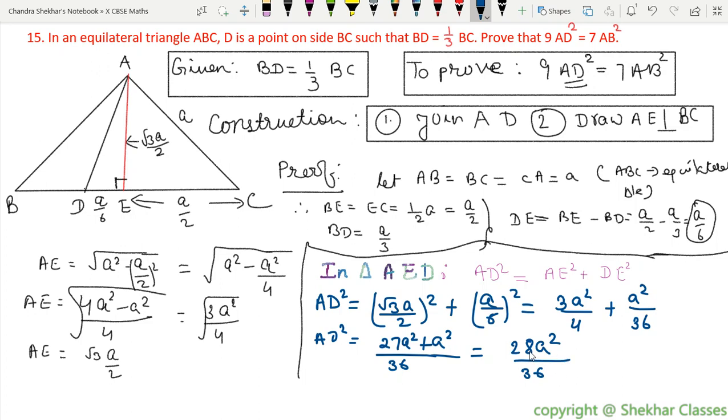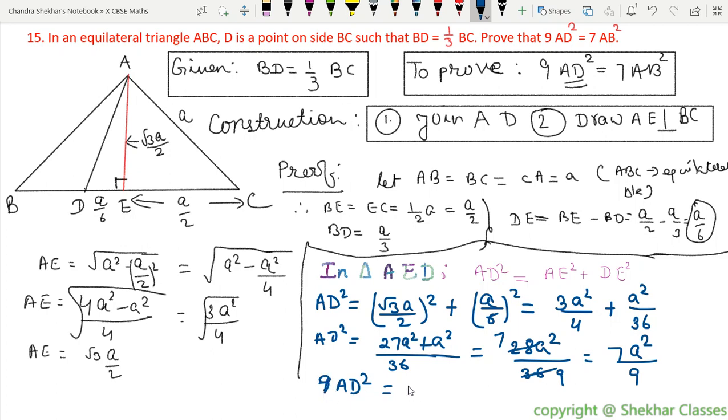So if I cancel here, that will give you 7 4s are 28, 9 4s are 36. So we get 7A square upon 9. So finally I can write 9 AD square is equal to 7A square.